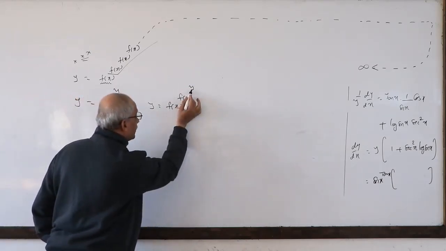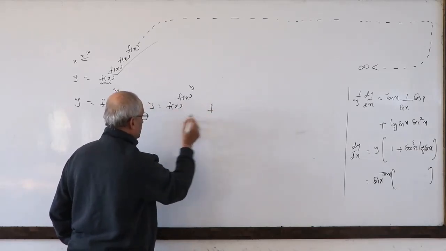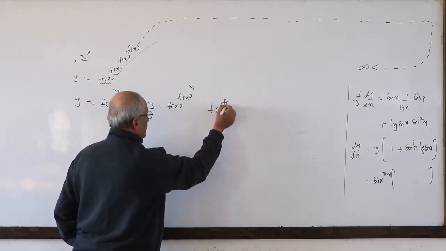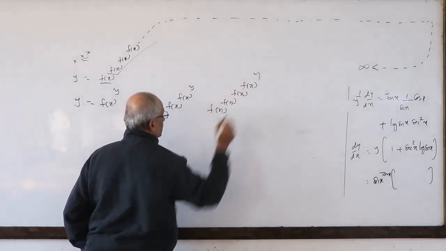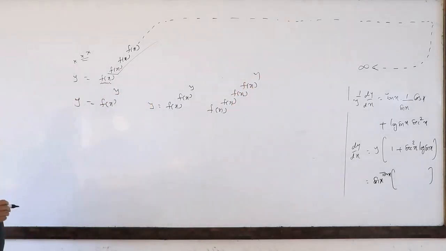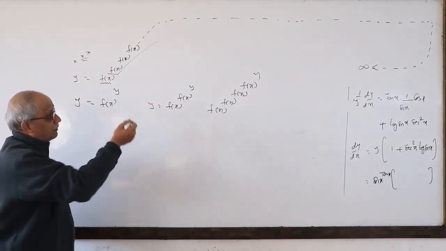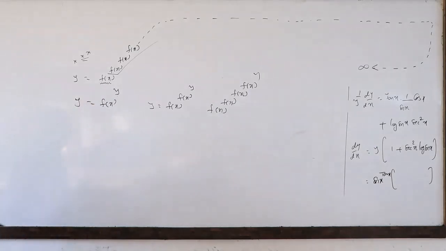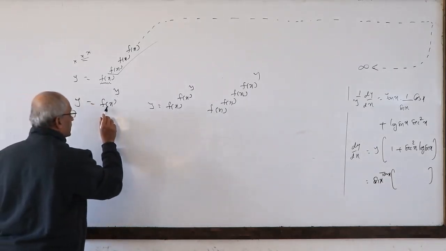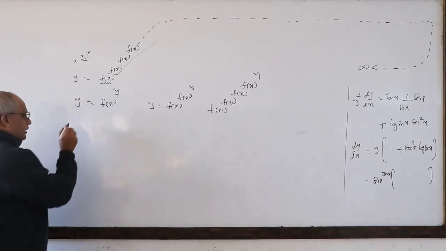What is this y? This y only. How will I write now? Two times: f(x) power f(x) power f(x) power f(x) power y. Four, next eight, next sixteen, doubles, so on infinitely. That is why I wrote it. Now it looks like function power function. Now I am taking log on both sides.